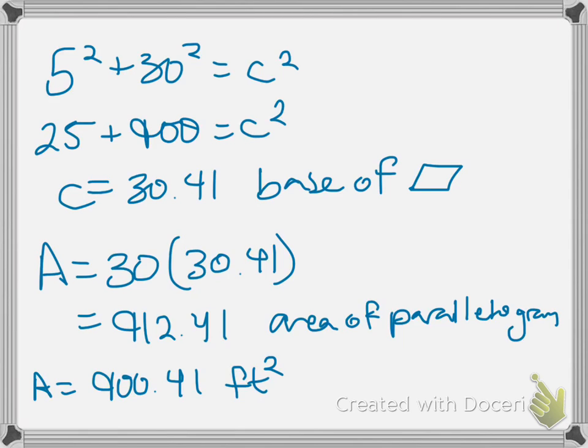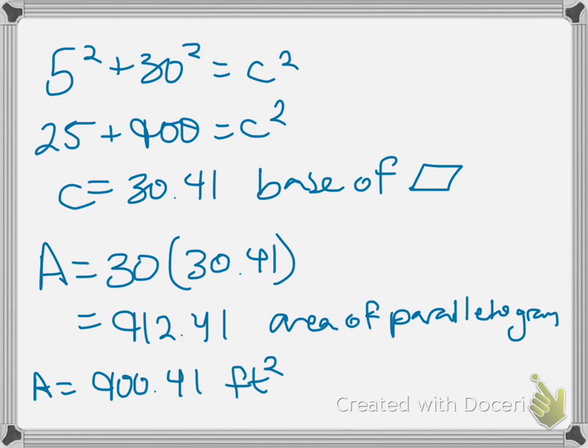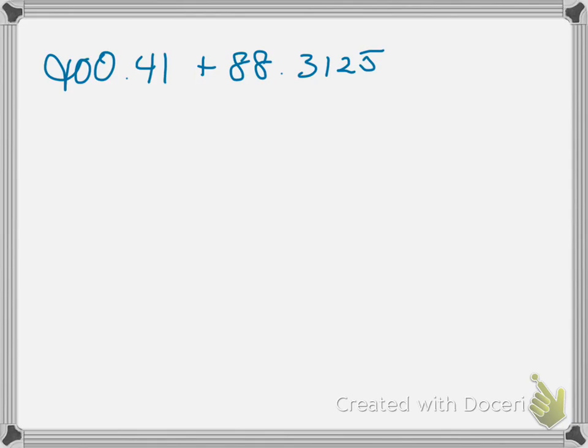All right, so that plus this are going to be our area of the carpet. So 900.41 plus 88.3125 is going to give us 988.73, which I'll round to, square feet.